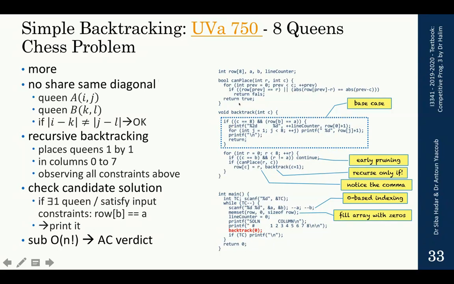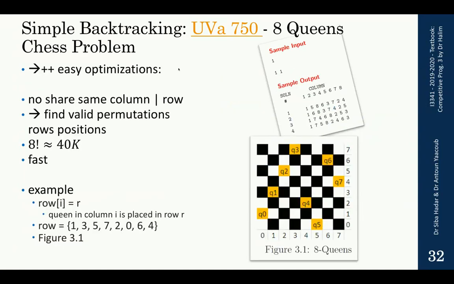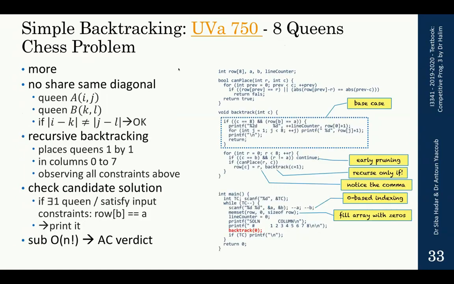And I am traversing the solutions in lexicographic order, so no problem. Once I find it, I can print it directly. And this is a problem which is a sub-order of factorial n, and not even factorial n. This is less than factorial n because I'm eliminating cases, and this solution will of course take an accepted verdict.